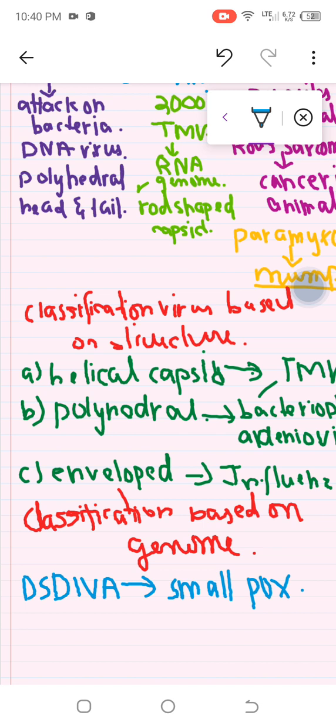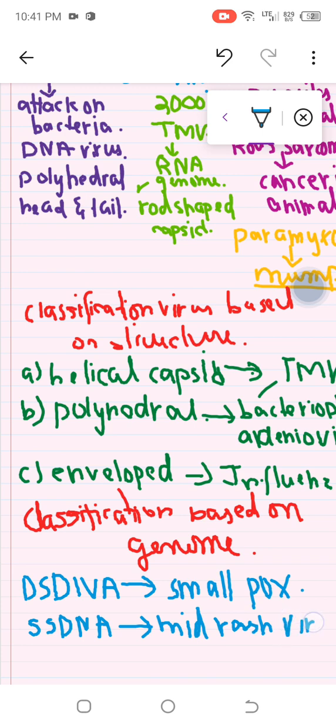Another we have single stranded DNA virus, which is present in the parvovirus.